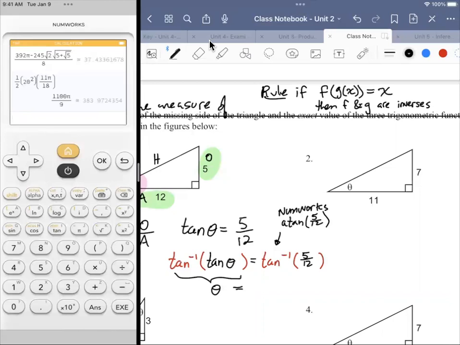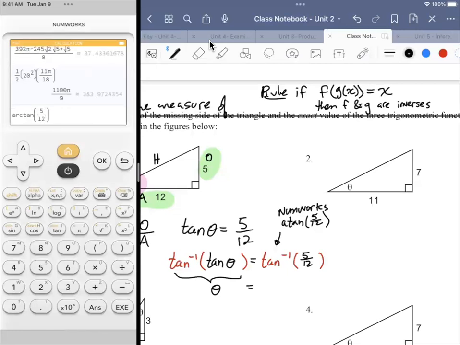The A stands for arc. It's arc tangent. And that's what I meant before when I said I've got a whole lesson on inverse trig functions. So I would hit shift, tangent. It'll say arc tan. And then I would just put in the 5 over 12.